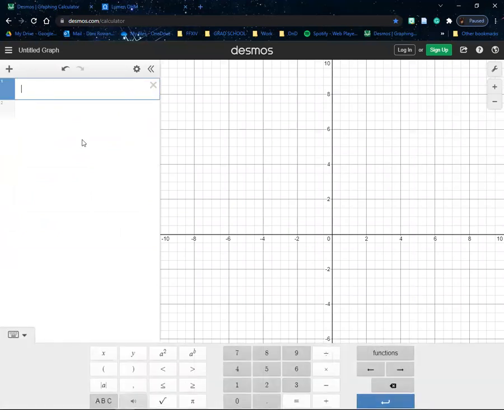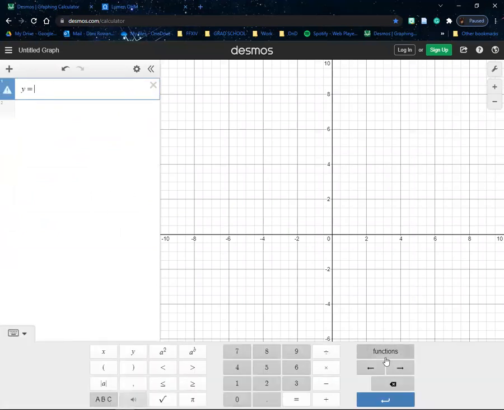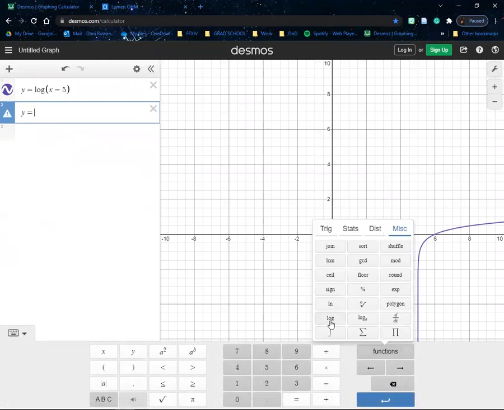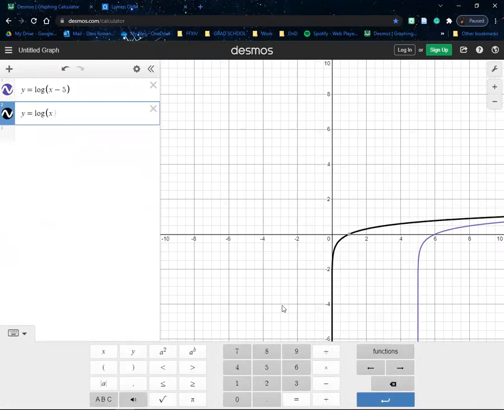Okay, so I'm just going to do y equals log, and this is x minus 5. Okay. And for comparison, I'm going to show you guys, and this is something you could do too. The comparison is showing you log of x.